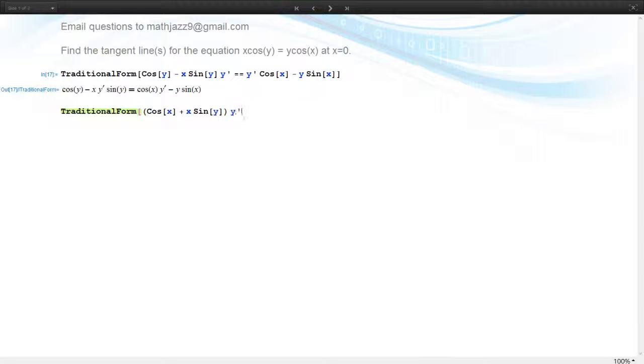I factored the y prime out of these two terms, this one and this one, after moving them onto the same side of the equation. And that will equal cosine of y plus y sine of x.